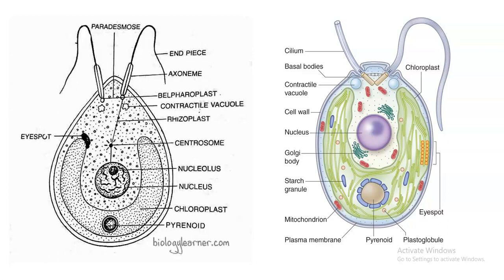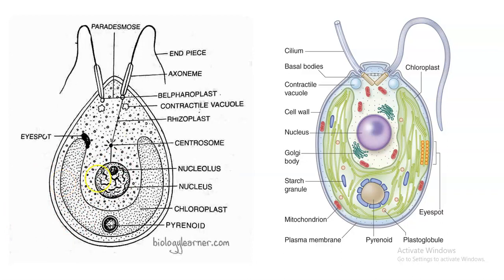These are based on the size of the gametes, because sometimes the gametes may be similar, sometimes they may have different sizes. Some may possess flagella, some may not, things like that.